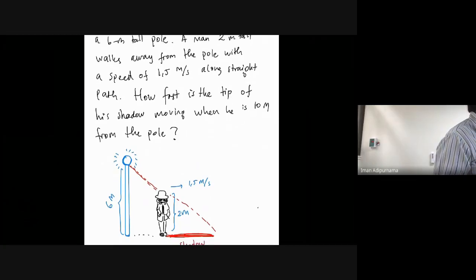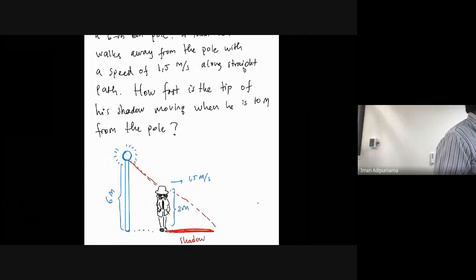So I'm trying to draw a picture for you. A man is moving in a straight path, and imagine you have a lamp, and the lamp illuminates the light, and it will give a shadow. The question is, when the man is moving, how fast is the shadow changing, the rate of change of the shadow?